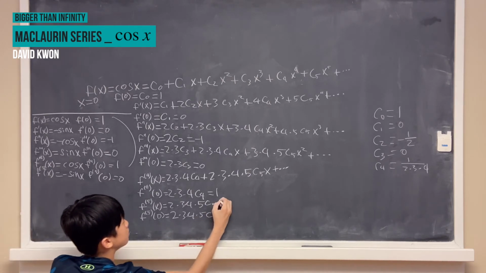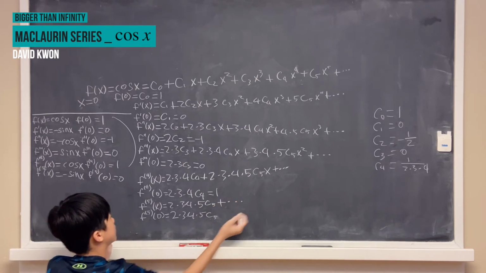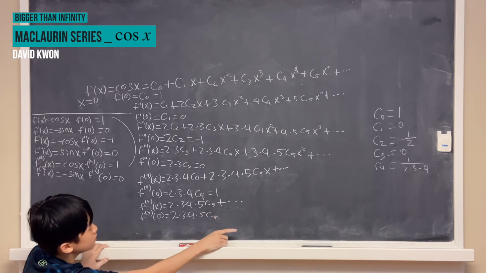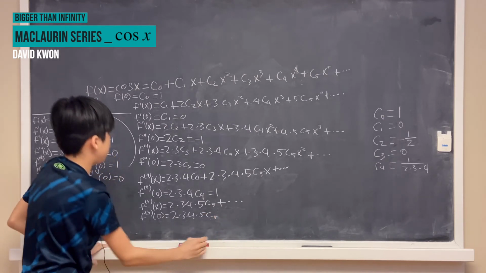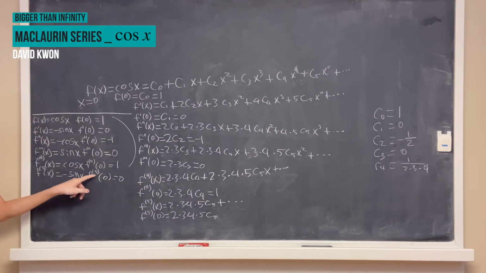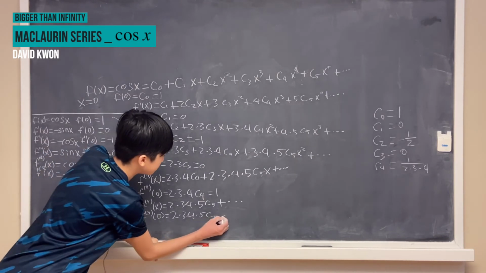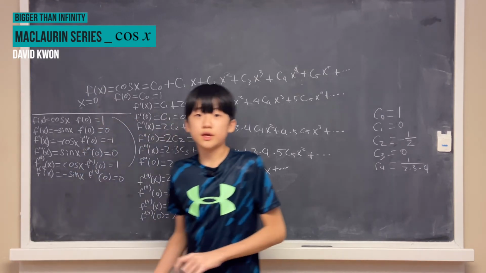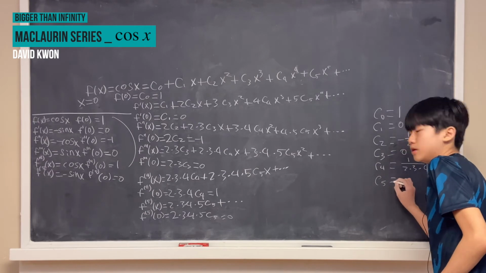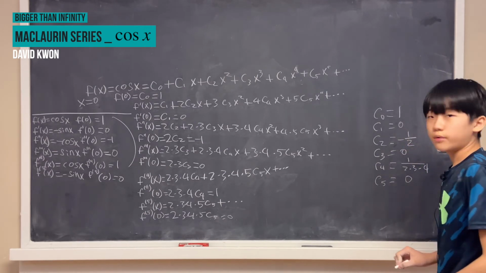Oh yeah, and I need plus dot dot dot here. When replacing x with 0, those plus dot dot dot terms just get cancelled. So yeah, and here it says that f to the power of 5, 0 is equal to 0. So we just got our value of c sub 5 is equal to 0.